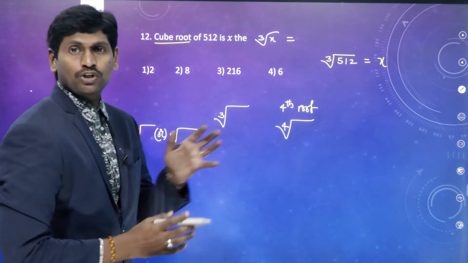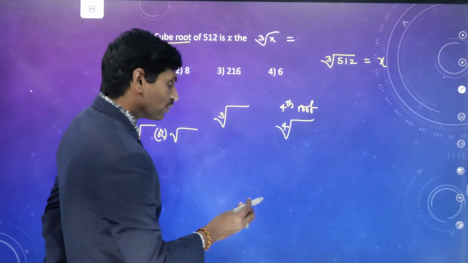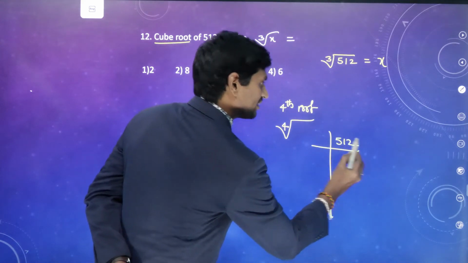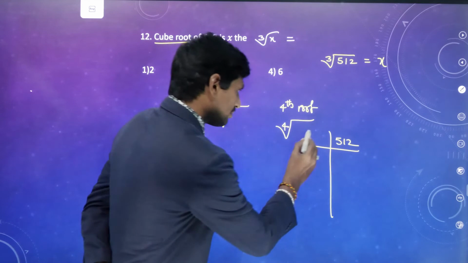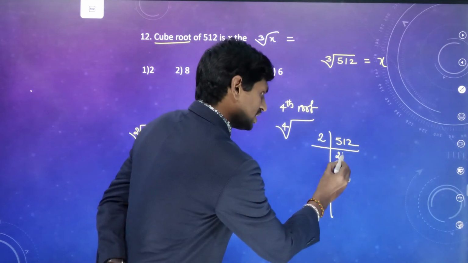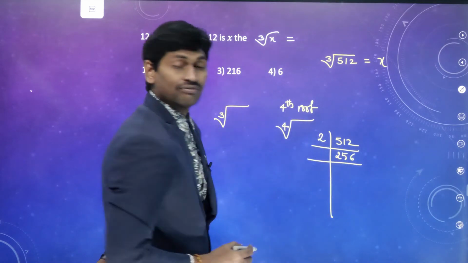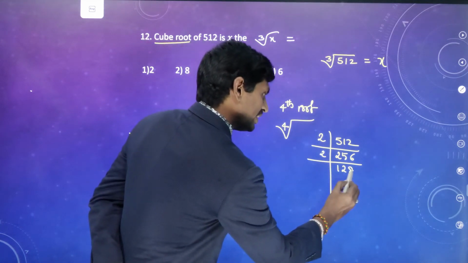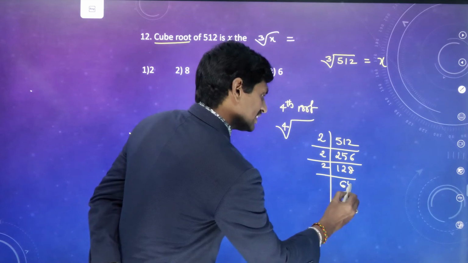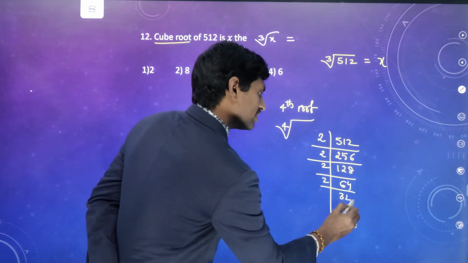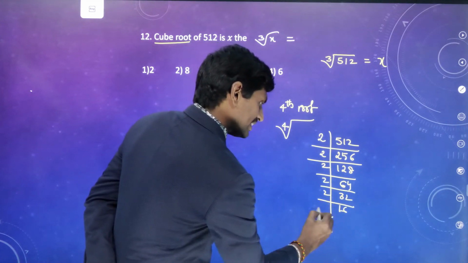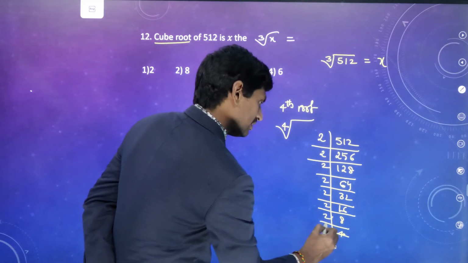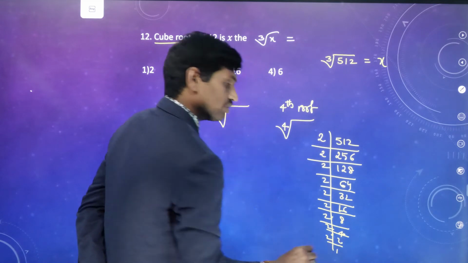Okay, let us find the cube root. How to find the cube root of a number? We need to find the prime factorization. I am taking the 2 table: 256, 128, 64, 32, 16, 8, all 2s only.